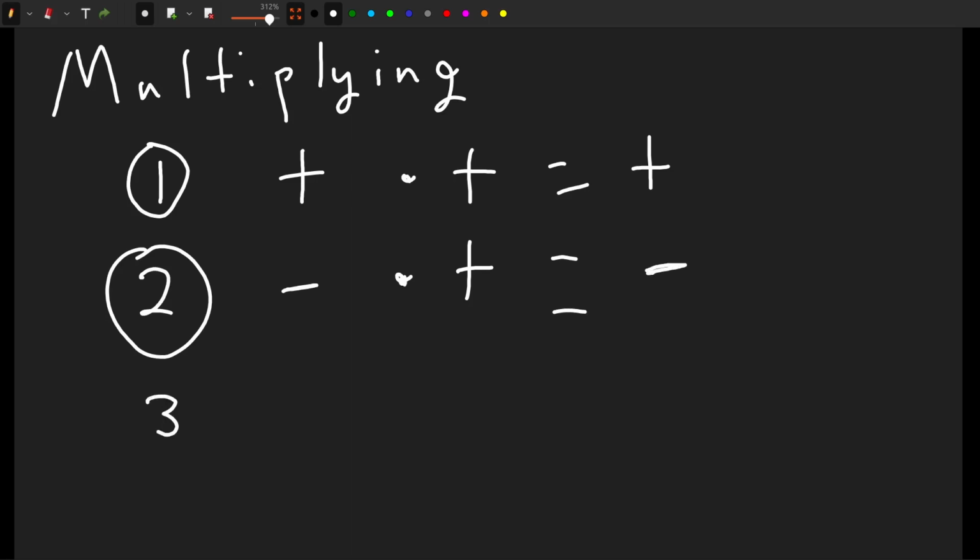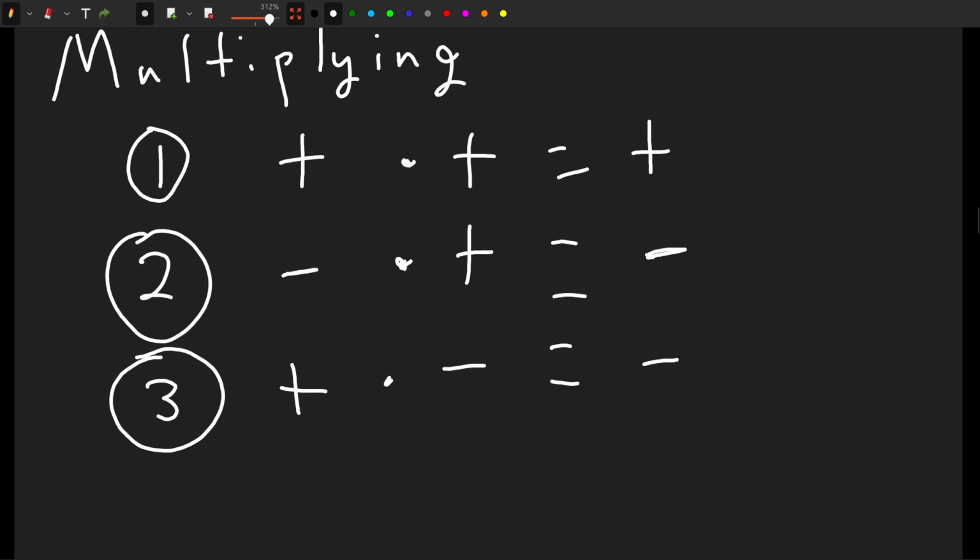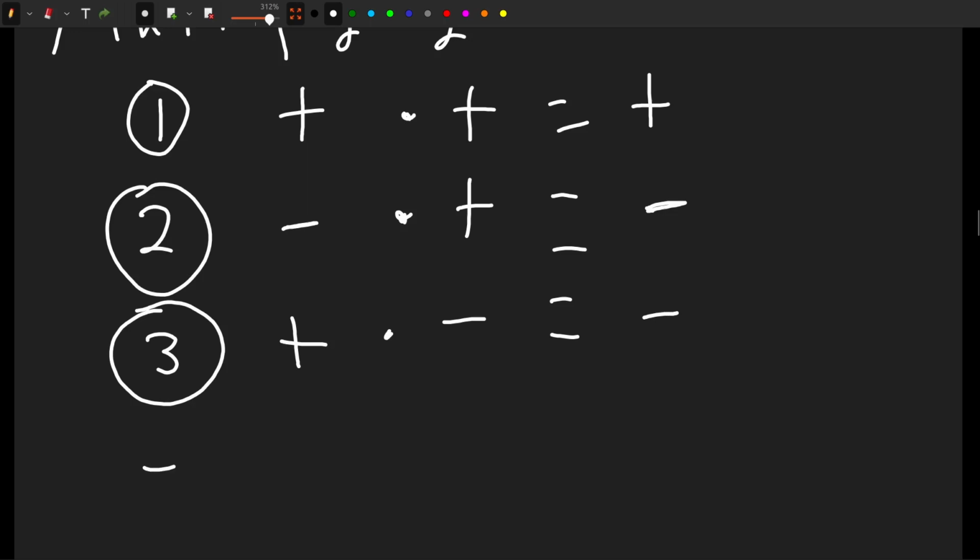And then the third rule is the vice versa of that, which is a positive times a negative is also a negative. And then a negative times a negative is positive. Okay?